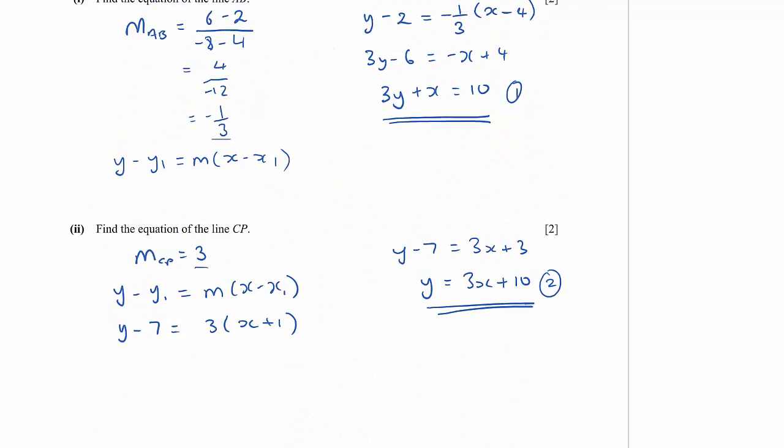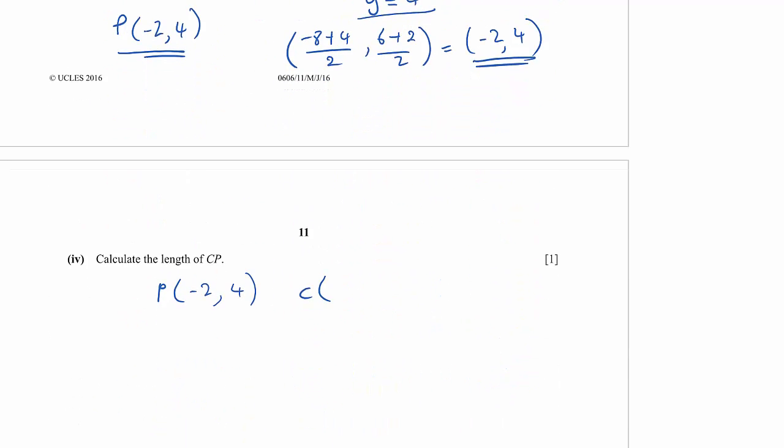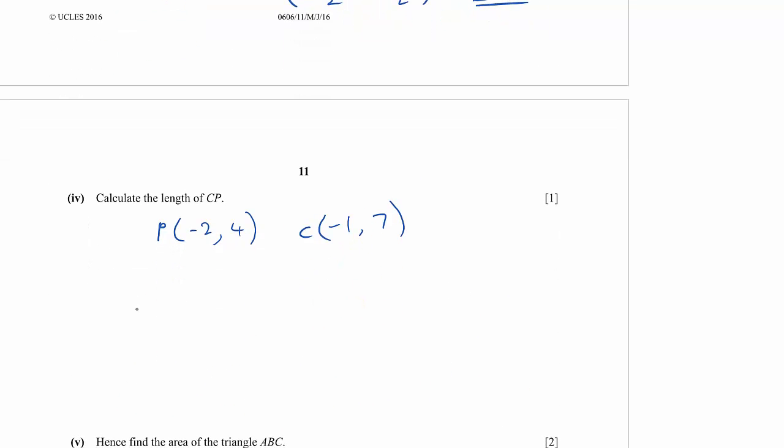Let's have a look at C. C is -1, 7. So if we've got -2, 4 and -1, 7, that's going to be 1 across from -2 to -1 and 3 up. So CP is just going to be the square root of 10, just using Pythagoras' theorem.